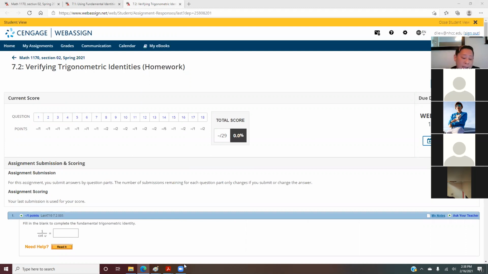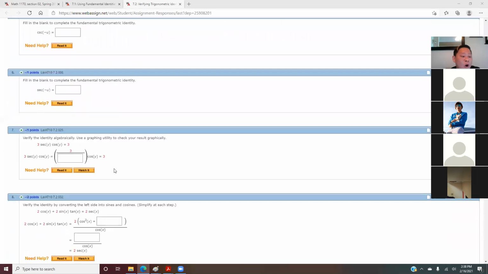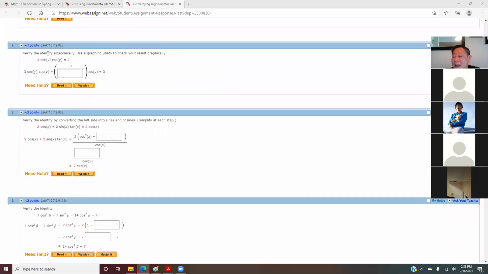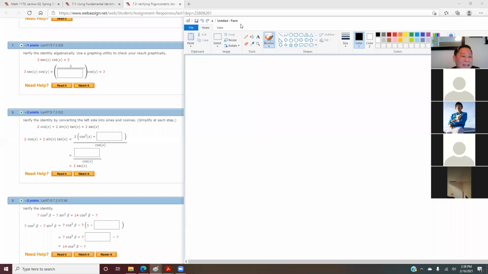Now, I want to point out to you guys that when you do 7.2, this is what we call verify the identity. Do you think you get this kind of question on your test next week where you fill in the blanks? No. I just want to point out that on the test, it will look something exactly like this.